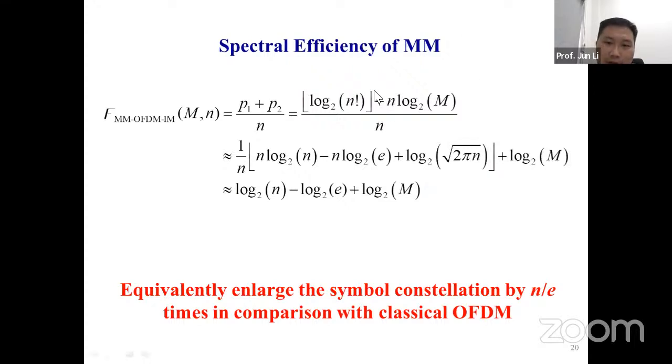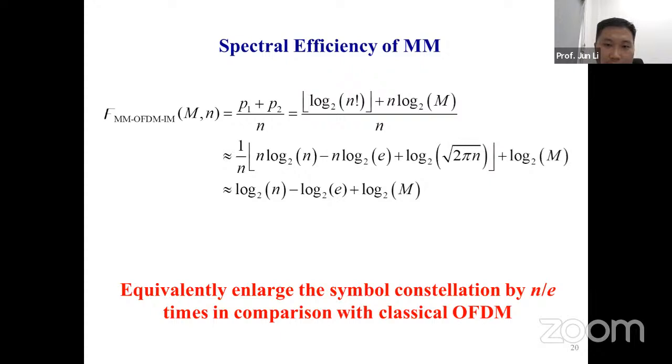So the index space for the MM is log2 n factorial, and here is n multiplied by log2 M. That means n subcarriers will transmit n modulated symbols, and the upper part is the transmission bits, divided by n, that is the spectral efficiency.